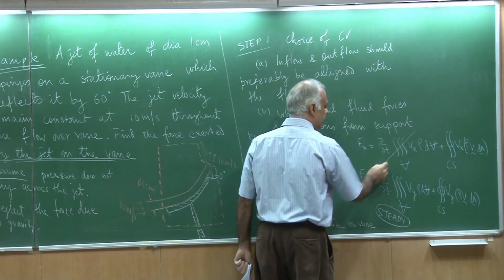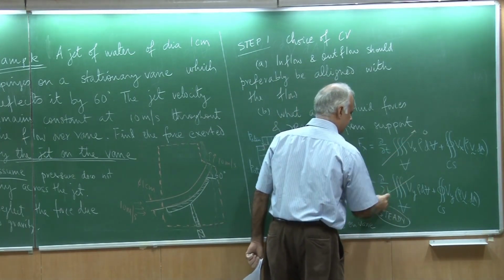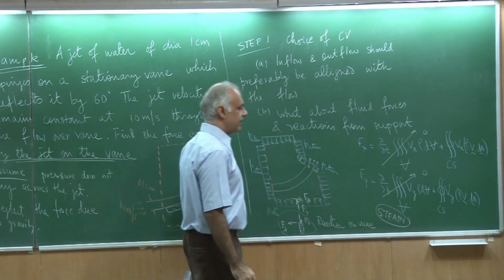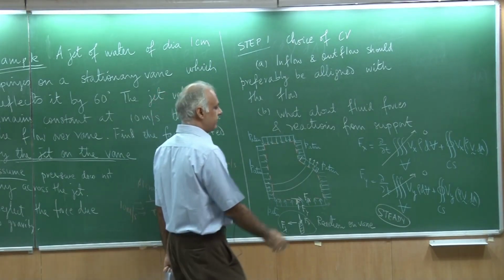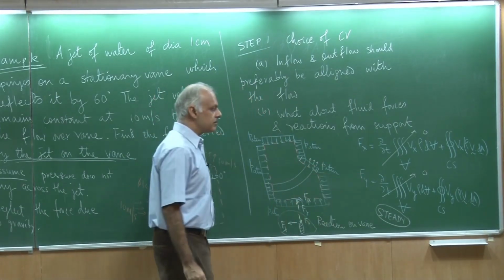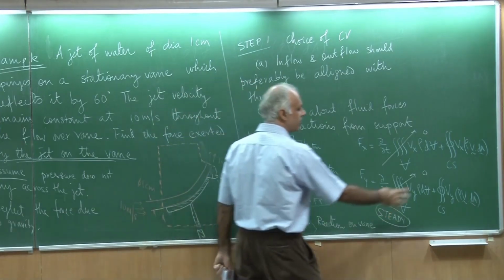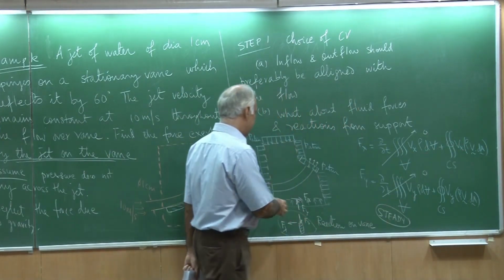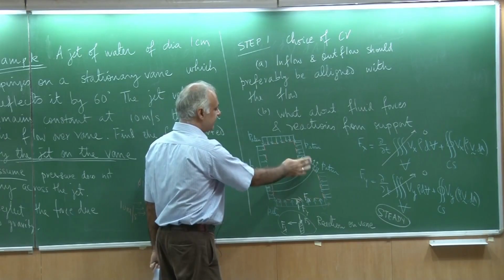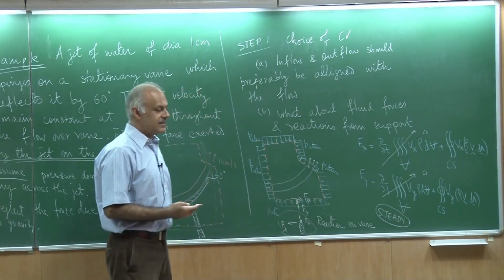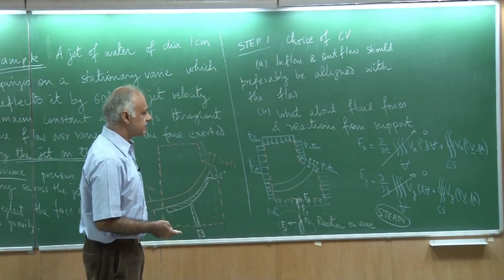So these two terms go to 0. So really, the force acting on the control volume is essentially because of the momentum change between the inlet and the exit. If I can estimate that, then pretty much the job is done.